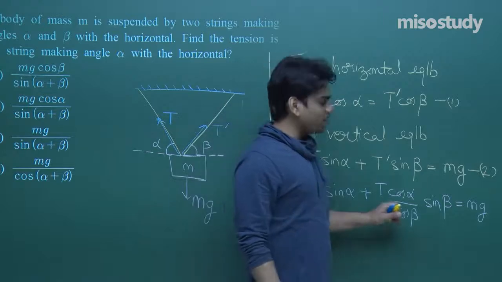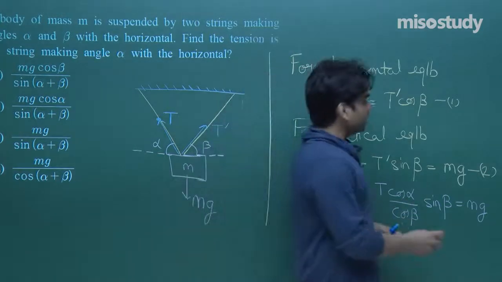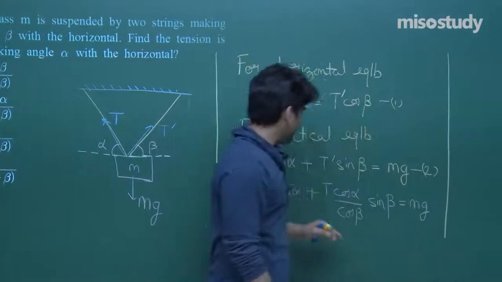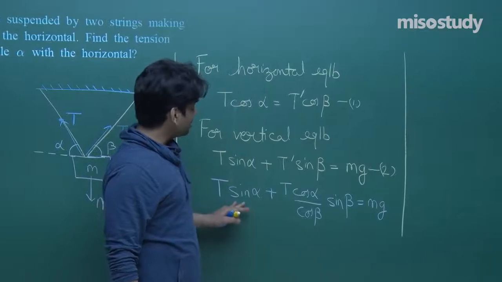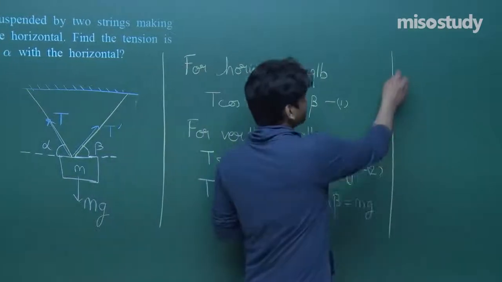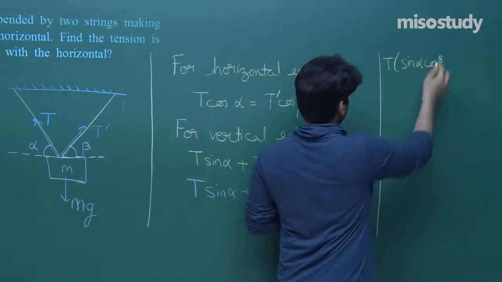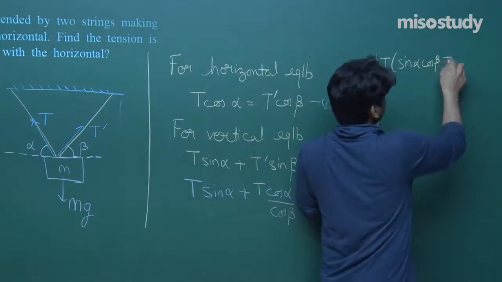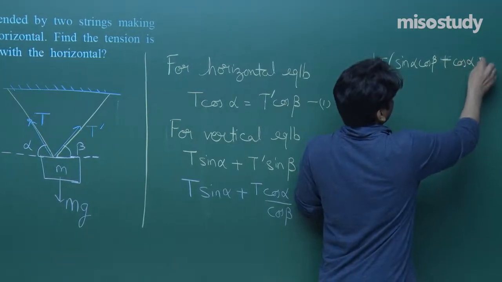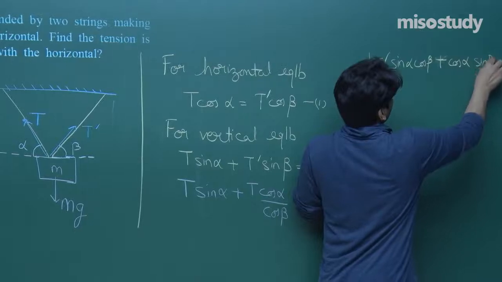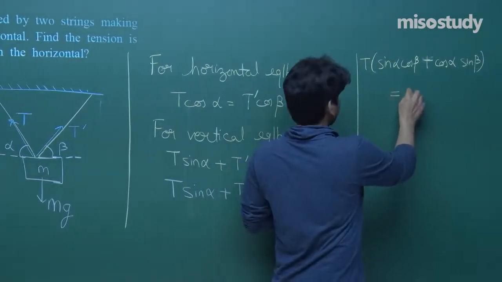Now you can easily make T the subject. Making T the subject with cos beta in the denominator, if I take the LCM, I will have T times sin alpha cos beta plus cos alpha sin beta, and in the denominator cos beta, equal to mg. Taking cos beta to the other side, it becomes mg cos beta.